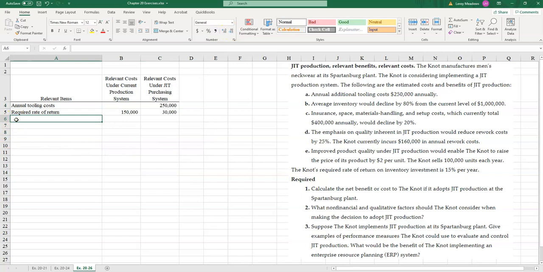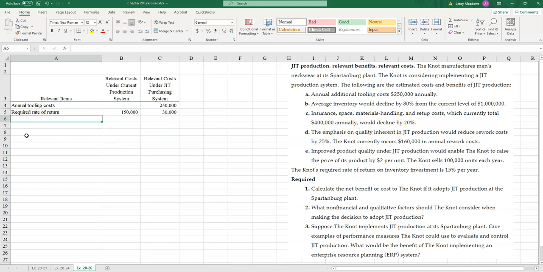Okay, so what's the next thing I need to incorporate or look at? Insurance space, materials handling, and setup costs, which currently total $400,000 annually, would decline by 20%.